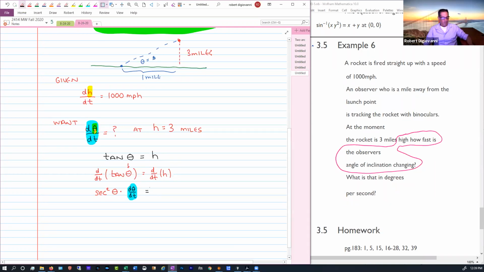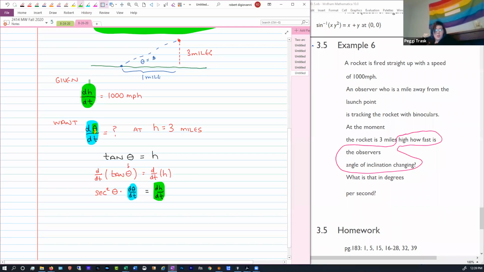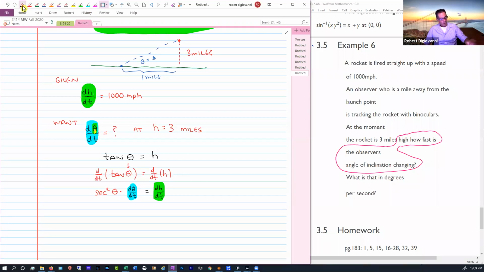Now, what is the derivative of h with respect to time? Why am I not concerned about that? Because we have it. We know what it is. It's 1,000. So take a look at where we are. We have an equation where what we're looking for, d theta dt, is there, and dh dt is here, which we know.